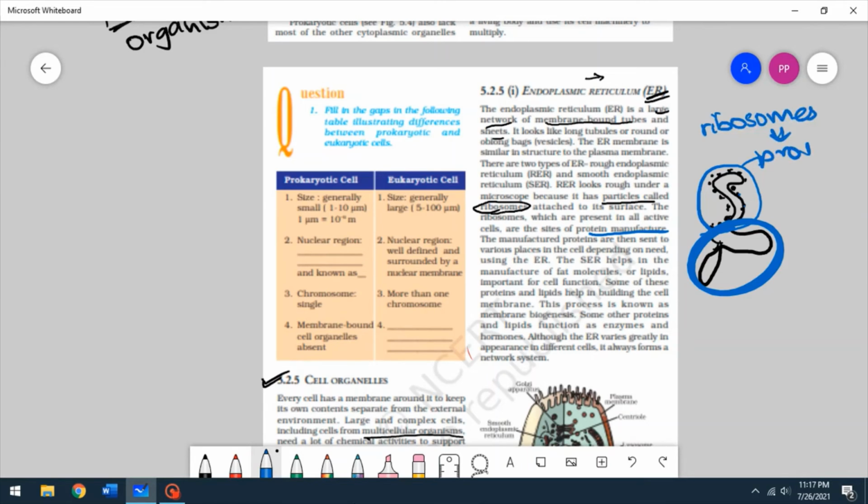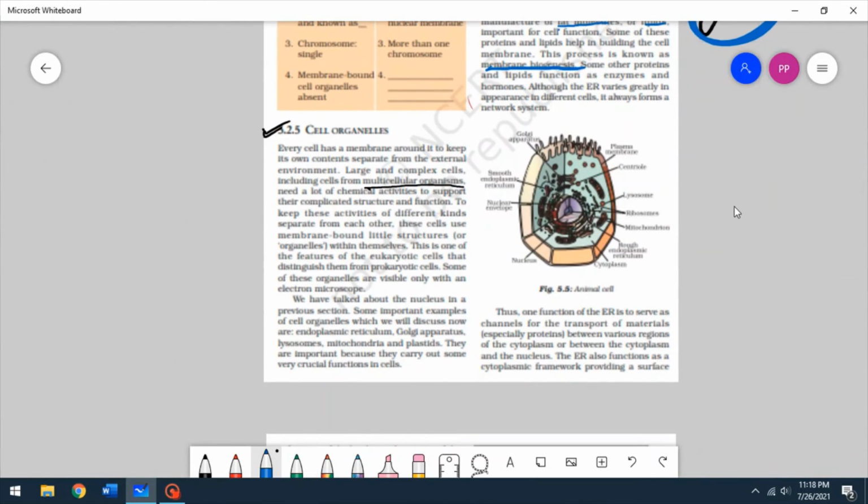Protein manufacture, indirectly, is a function of the rough ER. The smooth ER helps in the manufacture of fat molecules or lipids, which is important for cell function. The rough ER and smooth ER together help in a process called membrane biogenesis, which is the formation of cell membrane.